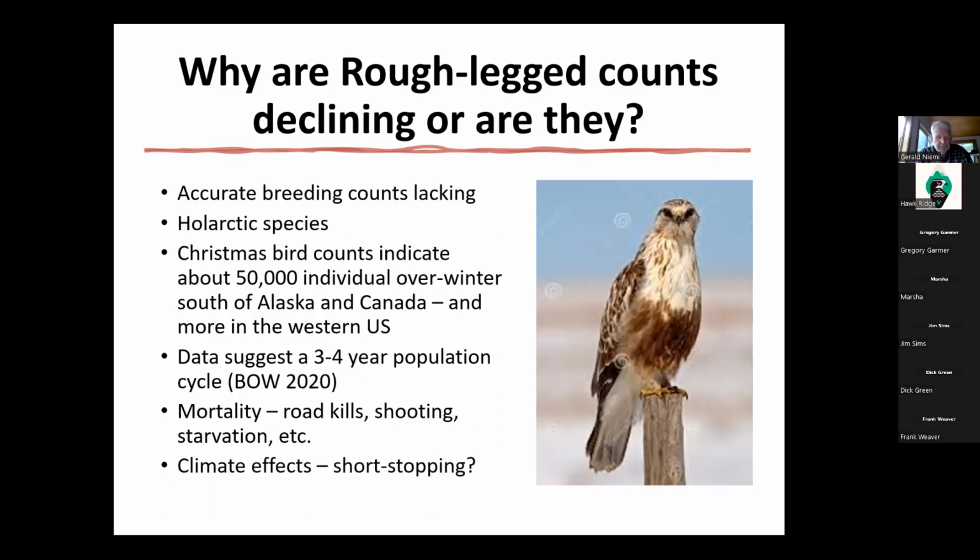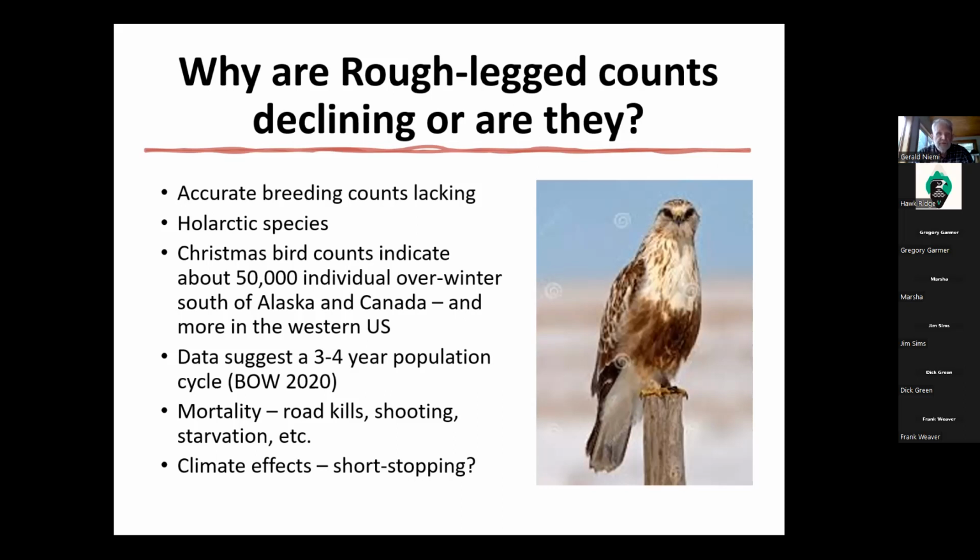But the reason I put a question mark in there about whether it's really declining or not is that it could be this, and I'll talk a little more with several species about short stopping. Climate effects: if the climate is getting warmer north of us in Canada, there's potentially a reason not to come as far south.